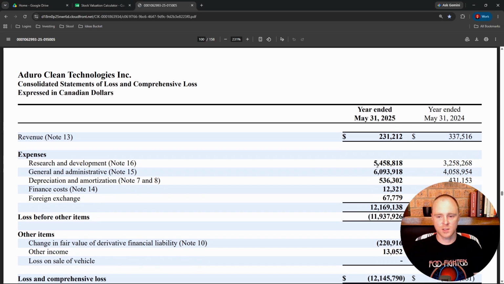And the costs, where it's investing its time, has grown from 3 million up to 5.4 million in research and development. And it's also grown in general and admin, from $4 to $6 million. So we obviously want the business spending money where it's going to see benefits, which is in this research and development.